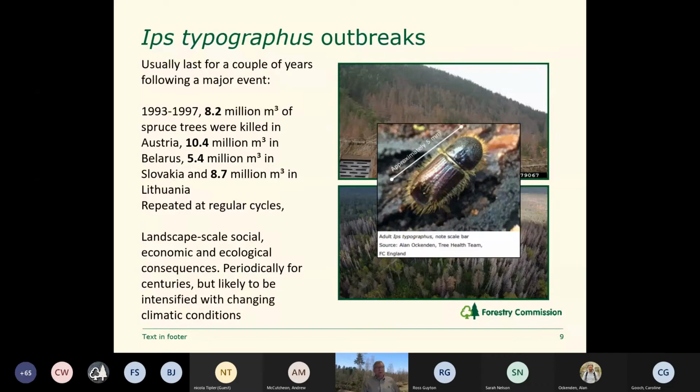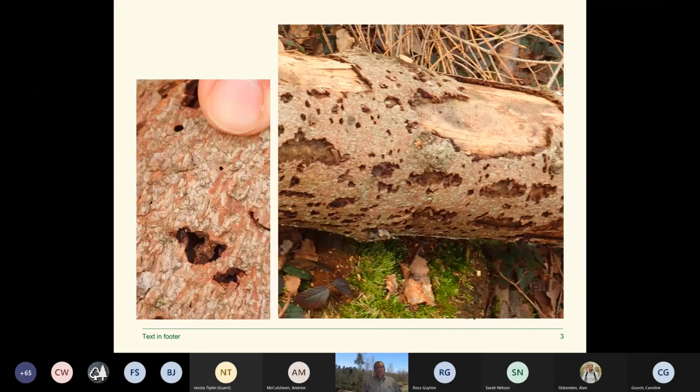Just a couple of indicators of its presence. It's very difficult from just a visual inspection to identify the presence of the beetle, because the indicators could be illustrating many other forms of decay.